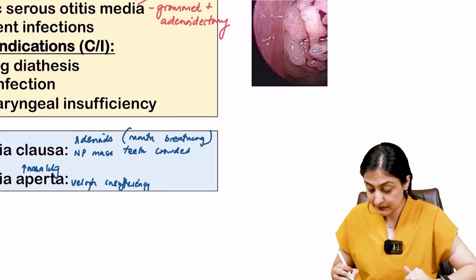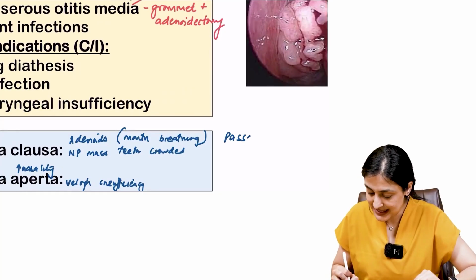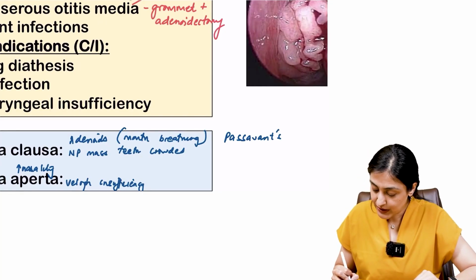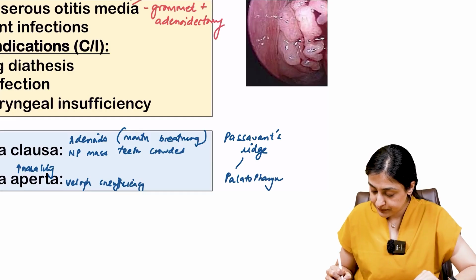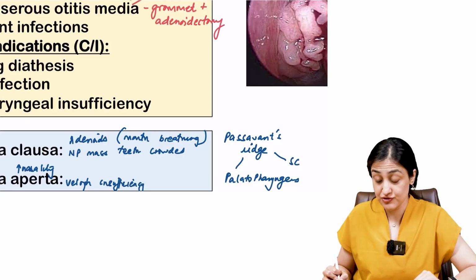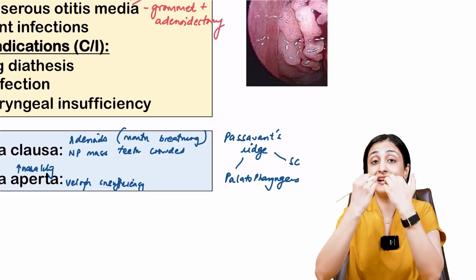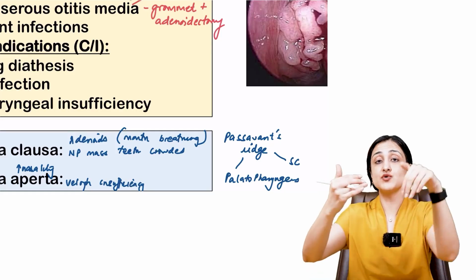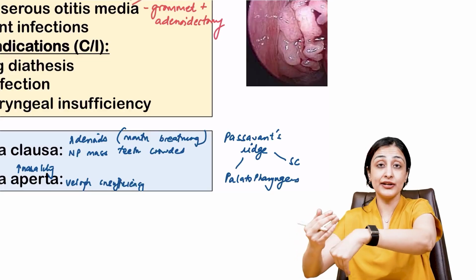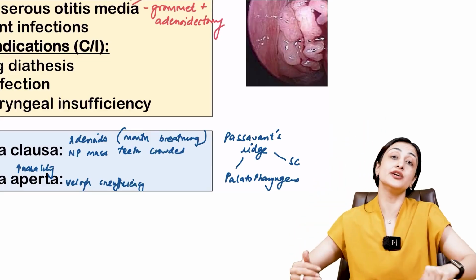So what I mean here is there's something called Passavant's ridge. What is Passavant's ridge? It is a combination of palatopharyngeus and superior constrictor. So these muscles contract every time you eat or swallow something. That allows the food to go down into the laryngopharynx without refluxing into the nasopharynx.